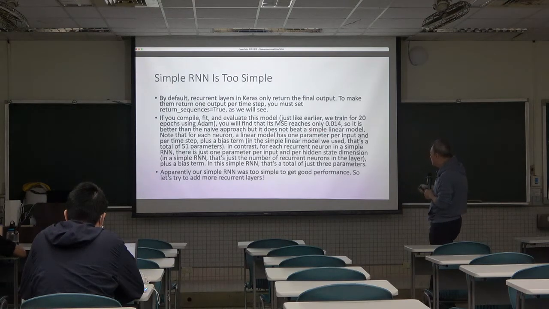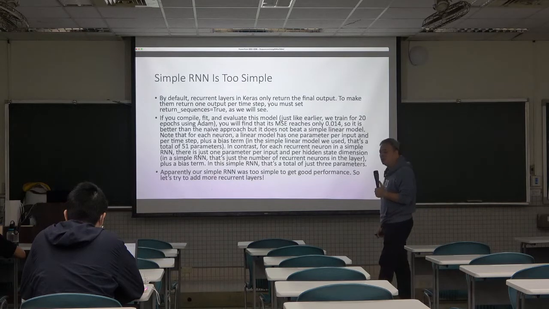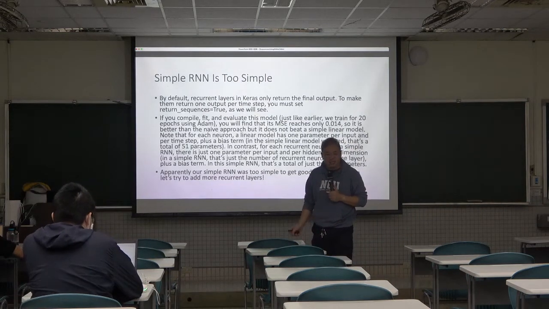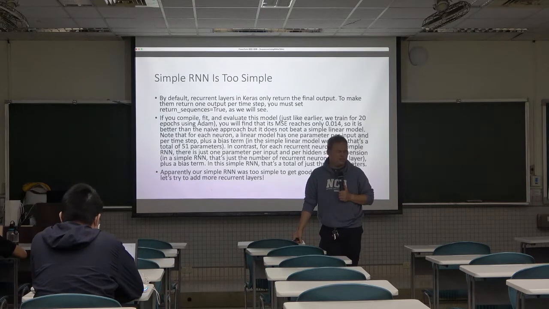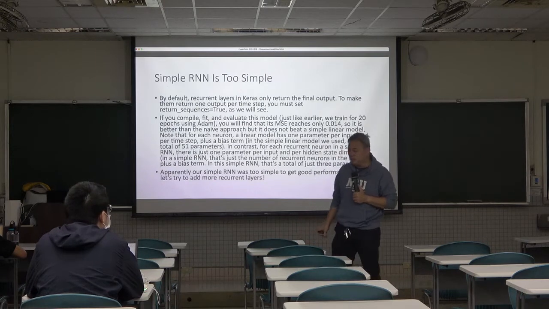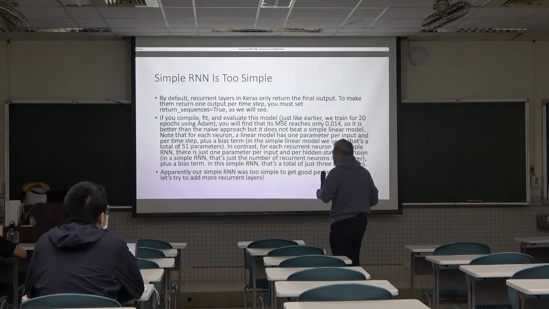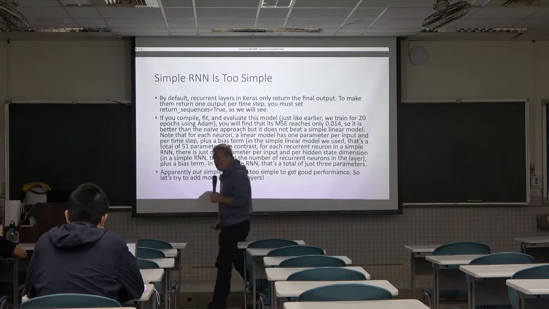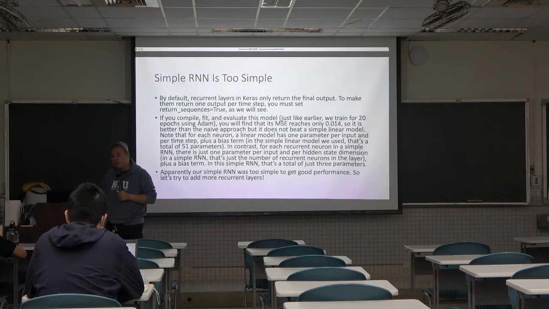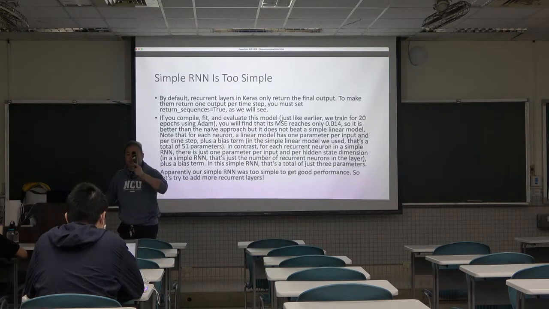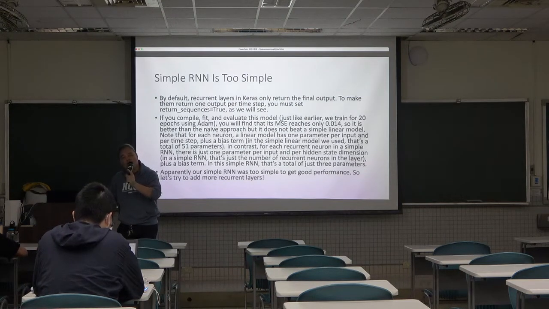This simple linear model is referring to that fully connected model. Well, you can say it's an MLP, but actually it is pretty much just a perceptron model. So why is that? Because for that perceptron model, as I said, we have 50 connections, including one bias, so totally we have 51 weights, 51 parameters.